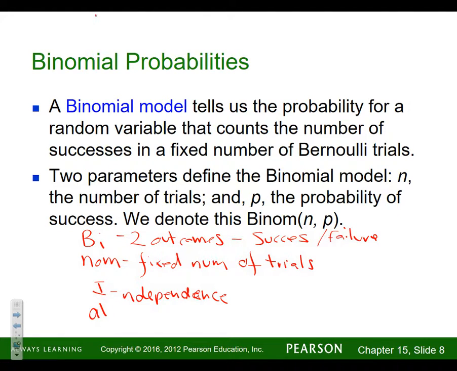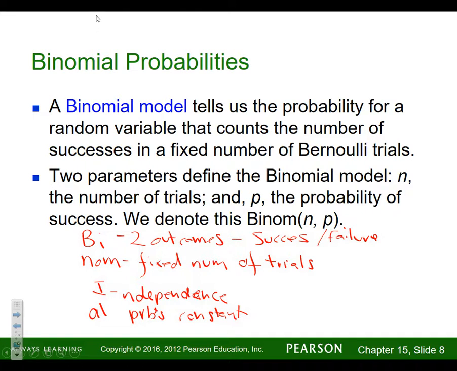What is all for? All probabilities are constant. So I think that's pretty cool. Helped me out when I was learning it. So binomial, does it have exactly two outcomes?